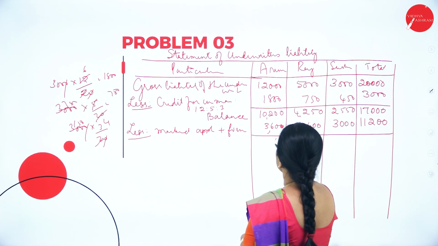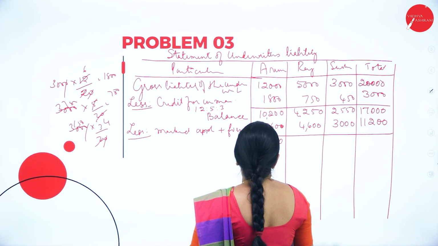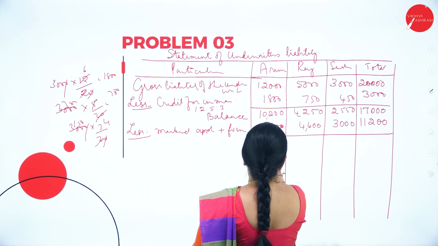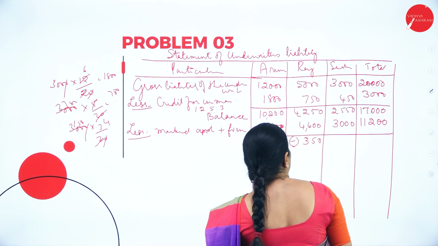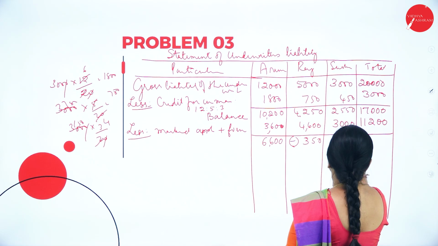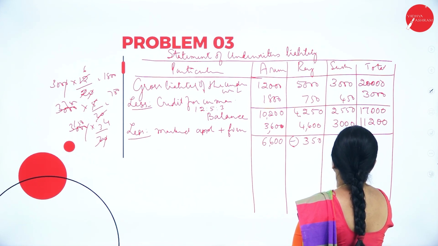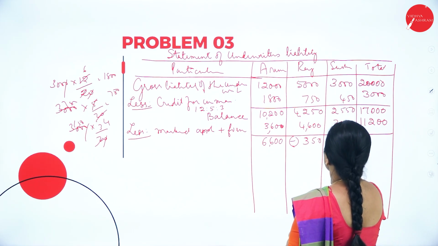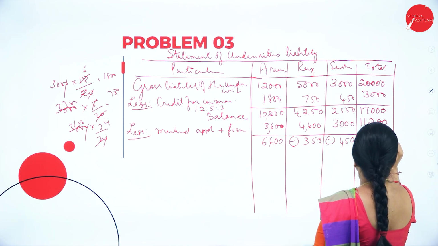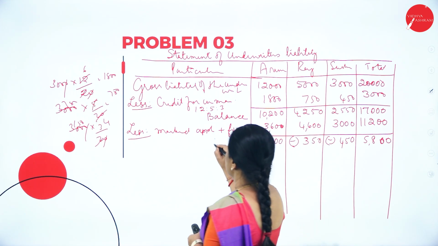So 6,600 for Arun, then for Raj 5,000 minus 4,600 is 400, hmm, and here it is minus 450. So we have the balance here.